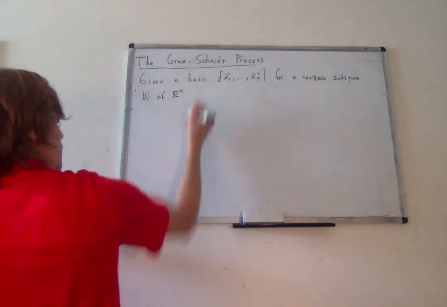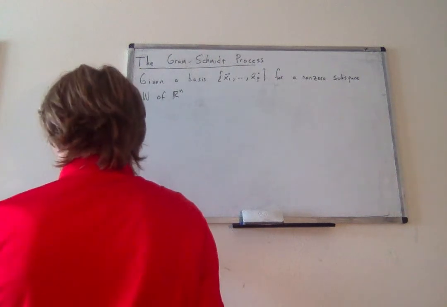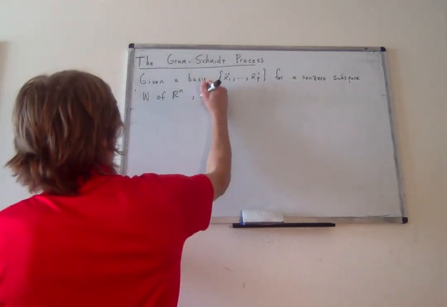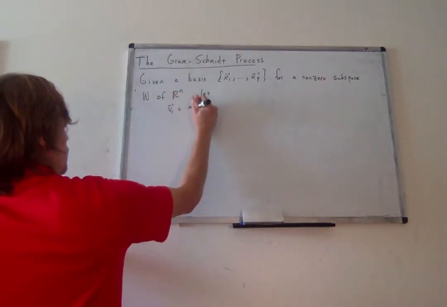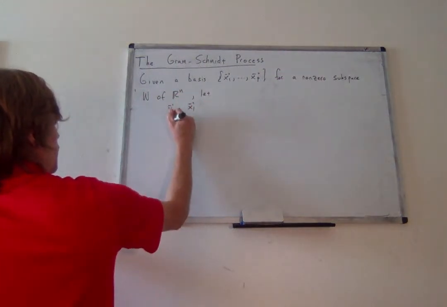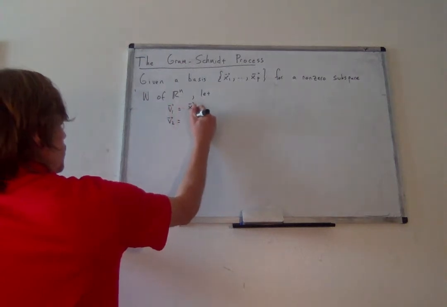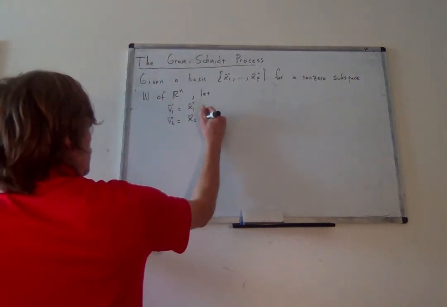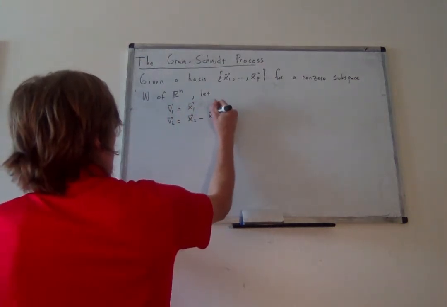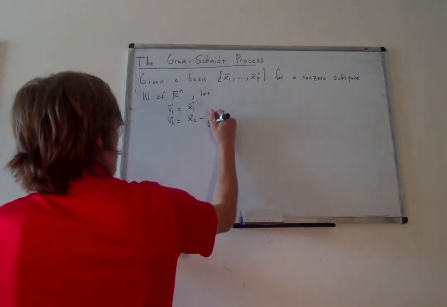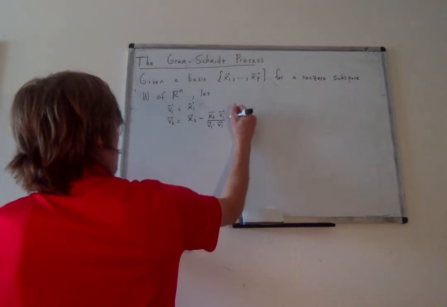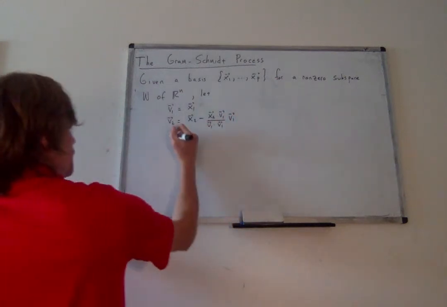Because then 0 would just be an orthogonal basis, I guess. We're going to let v1 equal x1, much like we did before. We'll let v2 equal x2 minus x2 dot v1 over v1 dot v1 times the vector v1.